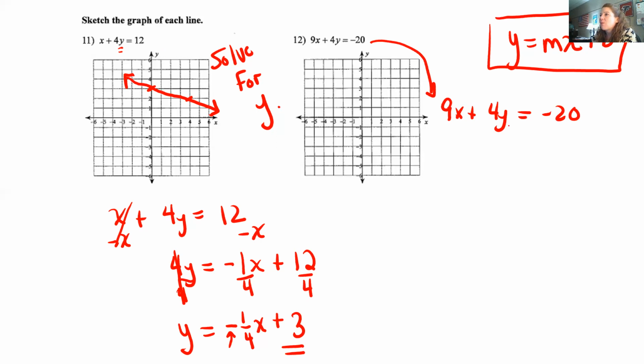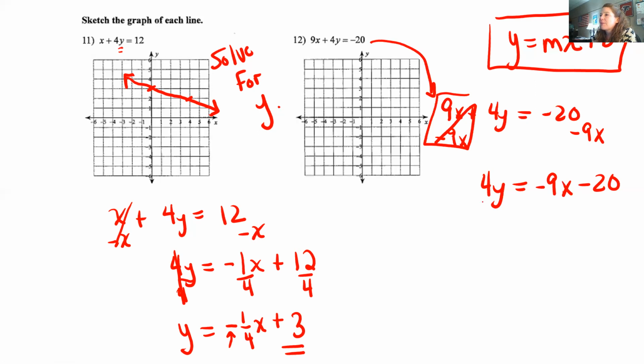I want y by itself, so I'm going to get rid of this whole positive term by subtracting 9x from both sides. So that gets rid of this. I bring down my positive 4y. I'm writing my x first: negative 9x minus 20.